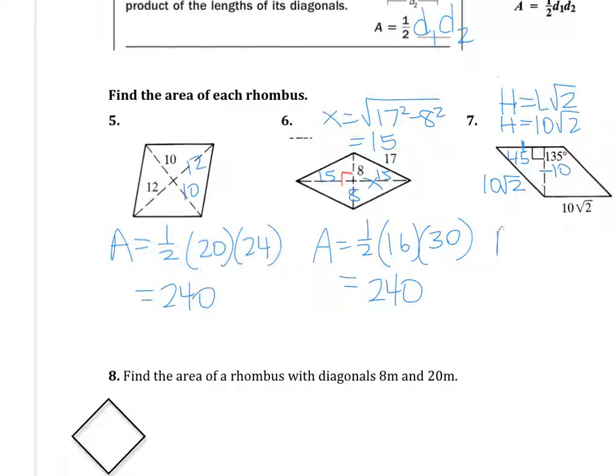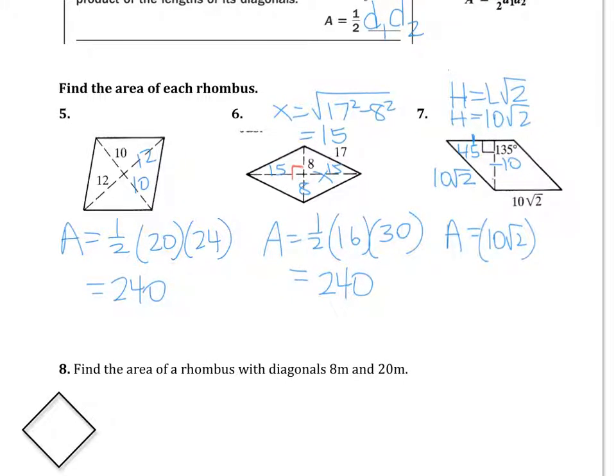So we have area is base times the height. Because this is a rhombus, it's a parallelogram. So you can do 10 root 2 times 10, 100 root 2.